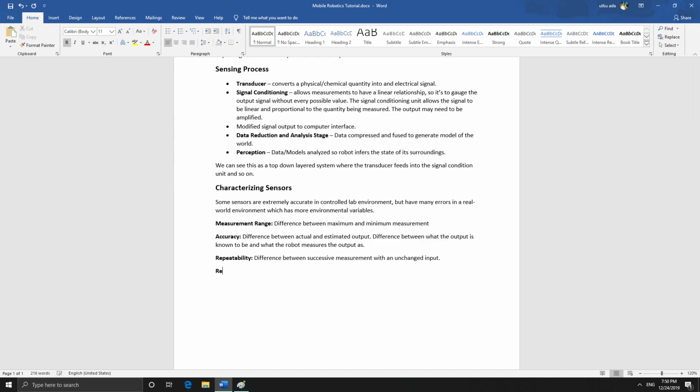And then finally we've got resolution, which is the smallest possible difference between two measured inputs where they will actually be seen as different.